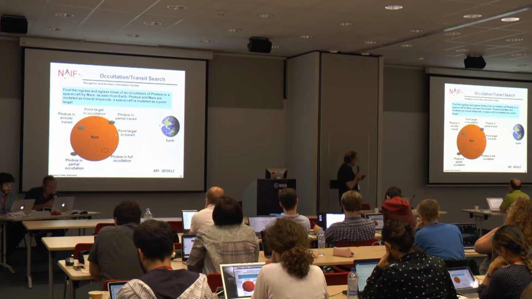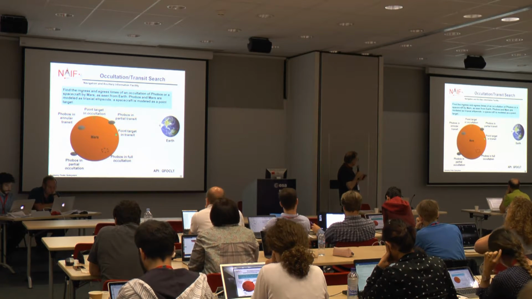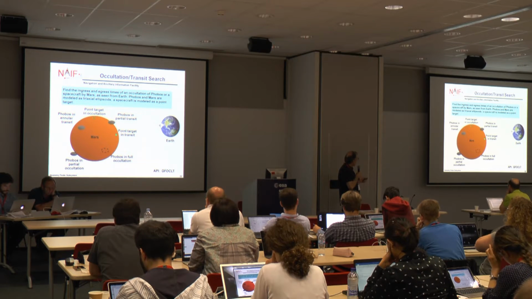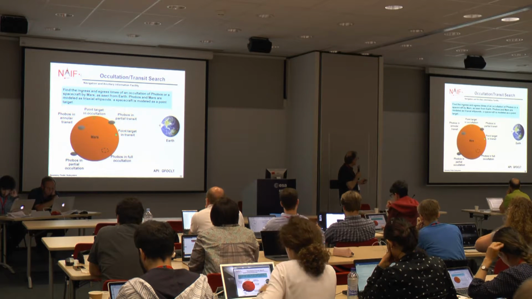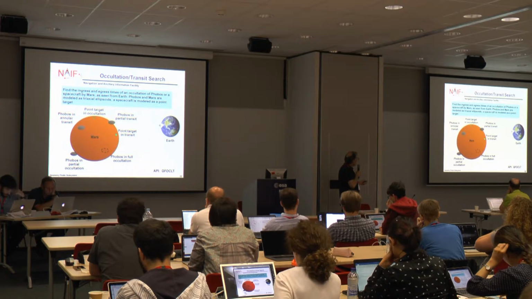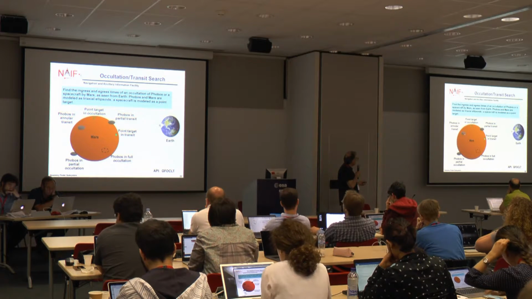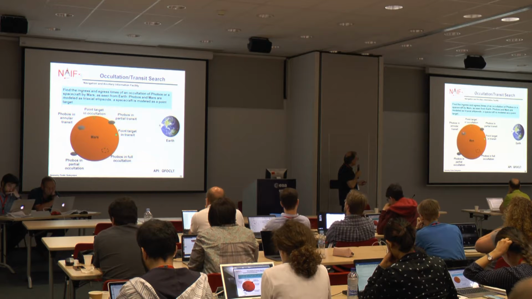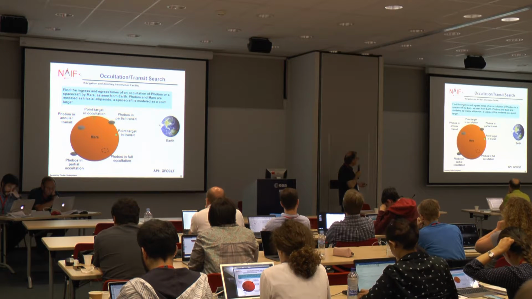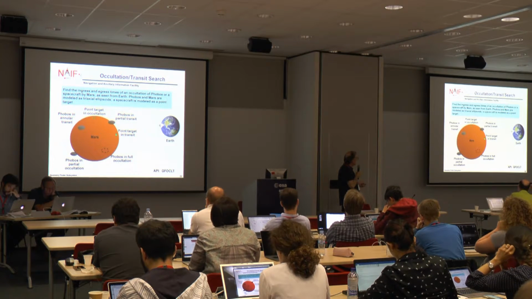Occultation and transit searches. There are different kinds of occultations and transits that you can search for. You can search for angular transit, meaning that the object that's in transit is completely within the disk of the background body.